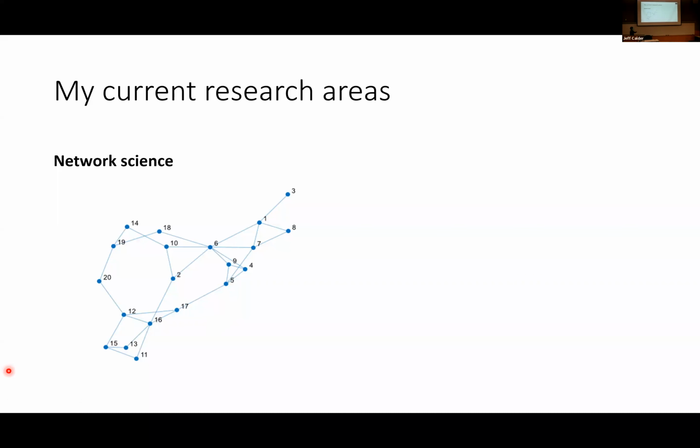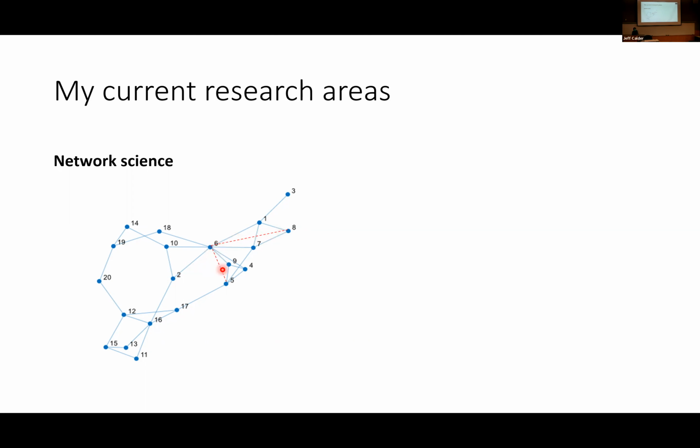Before I go into that, I just want to give a brief overview of my current research areas. The bulk of my research is focused on network science, and we're interested in problems such as, given a network that we observe, this is a synthetically generated network of 20 nodes, can we answer questions such as, which of these two edges is more likely to be formed in the future?